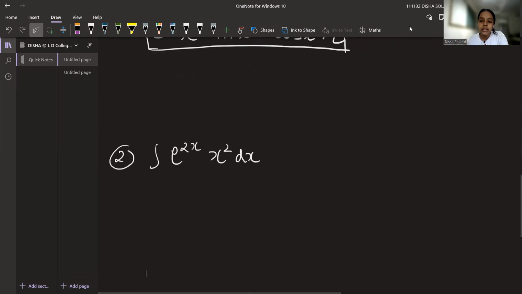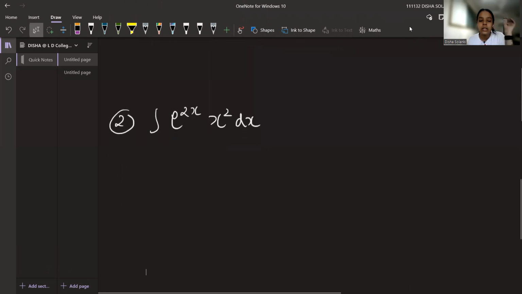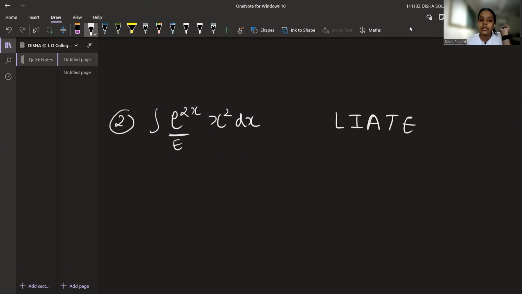And let us take our new example. Here, choose which is u and which is v. From LIATE, as I told you. As you all know, e power 2x is an exponential function, and x square is an algebraic function. So which is first? Algebraic is first, and exponential is last. So we will take it as it is.